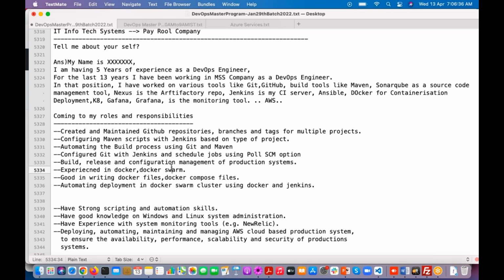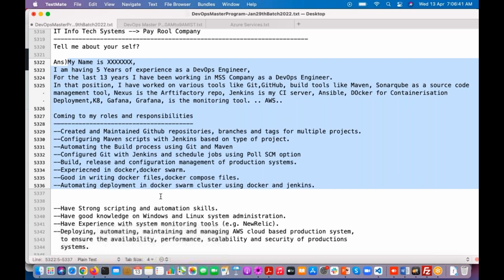That's why prepare your own way, however you are comfortable. And before going to the interview, in front of a mirror, without seeing these points, just read it yourself.